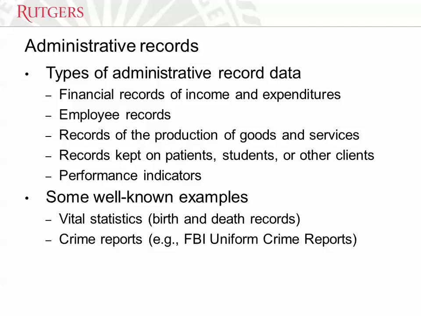And then the death records provide things like the life expectancy, which is calculated from death certificates. Certain causes of mortality are tracked through death records, and so that's a good example. Those are collected for administrative purposes, but they're very important statistics for health and demographic research.